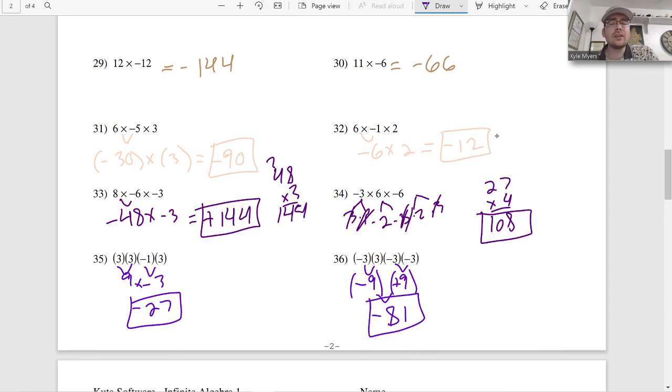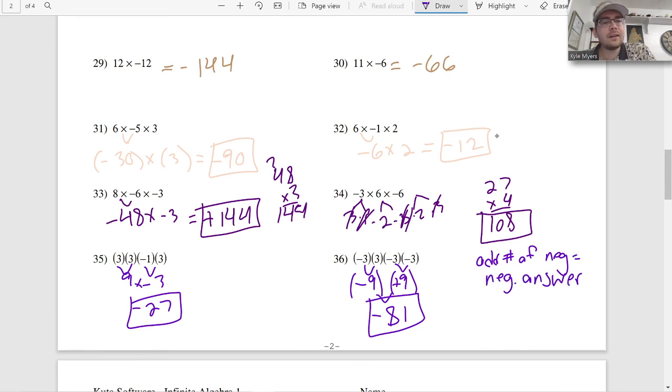Right? Another thing you can do is if you're multiplying a bunch of positive and negative numbers, just count up all of the negative numbers. And here's what happens. If you have an odd number of negatives, then you'll have a negative answer.